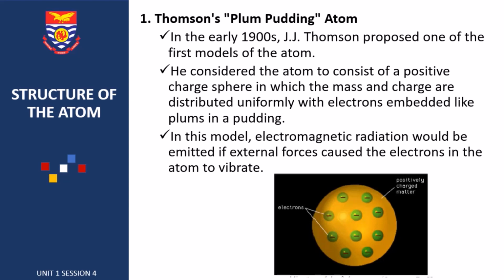So the electrons, according to Thomson, are likened to the raisins which are spread in the pudding. You can look at the diagram below. You realize that there are electrons all embedded in the atom.